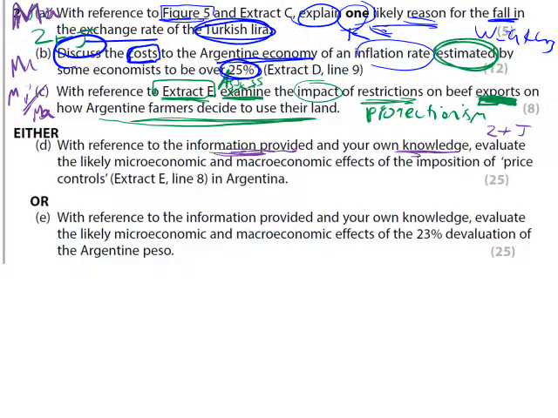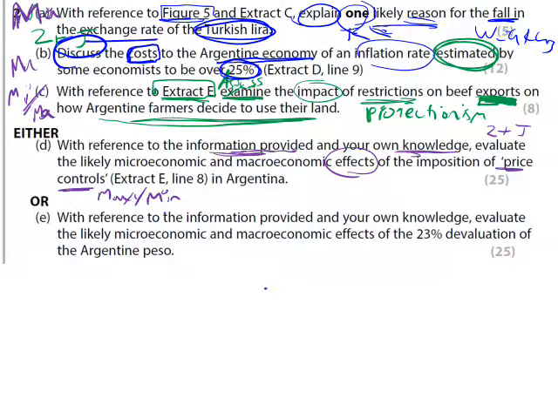The likely micro and macroeconomic, so synoptic, effects, positive and negative, of the imposition of price controls in Argentina. So price controls are another way of saying max or minimum price. And as it's macro and micro, you'd be looking at specific markets, but also at the wider Argentinian economy.